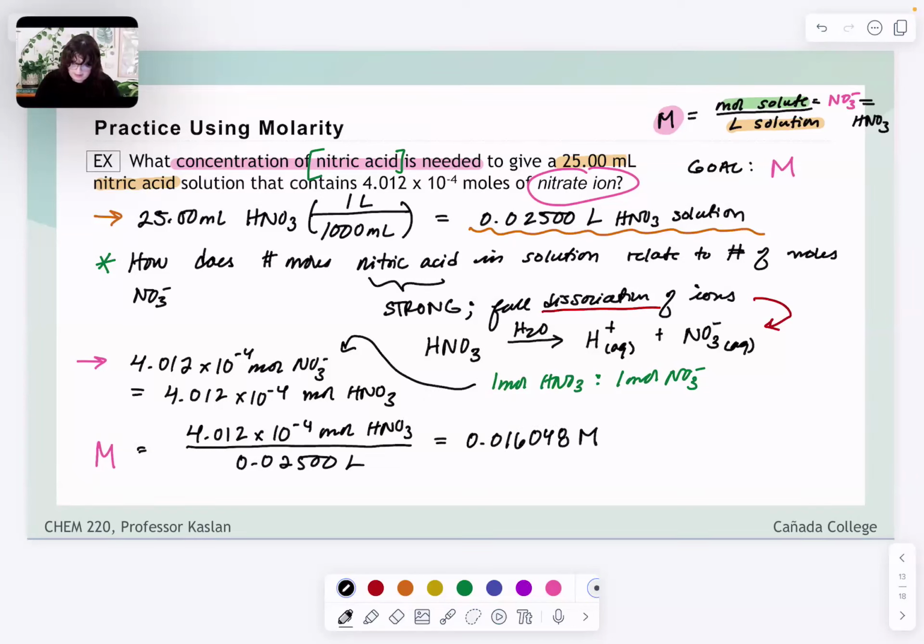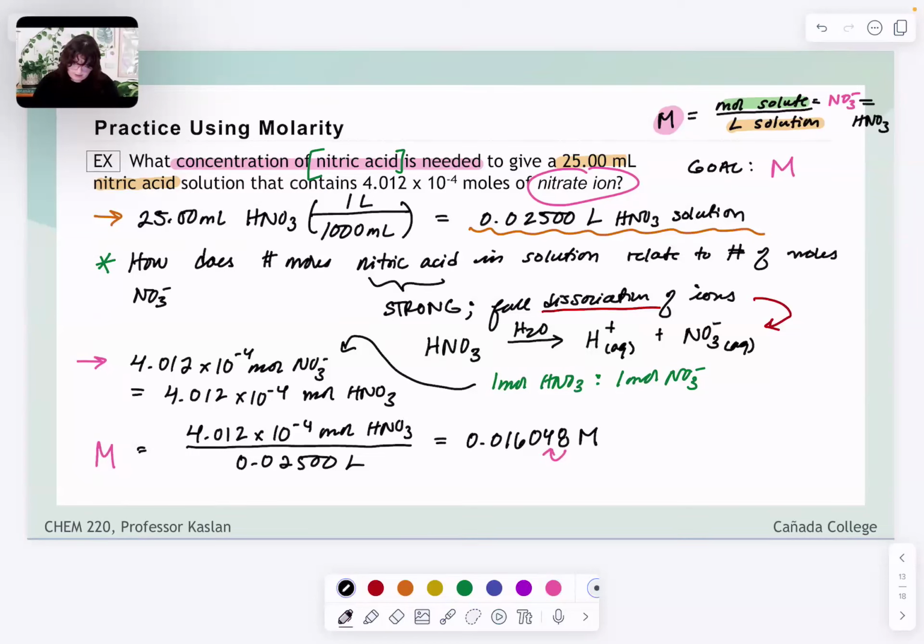0.016048 molar. And now we need to do our sig fig analysis. So I had 1, 2, 3, 4 significant figures in my volume, and then 1, 2, 3, 4 significant figures in my moles, which means I need to retain 1, 2, 3, 4 significant figures in my molarity.